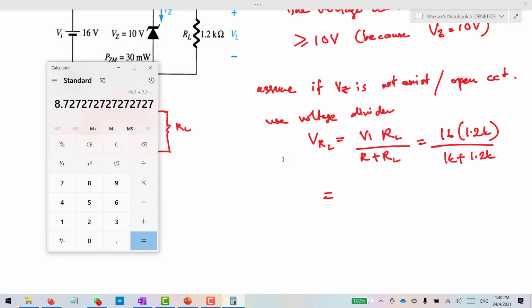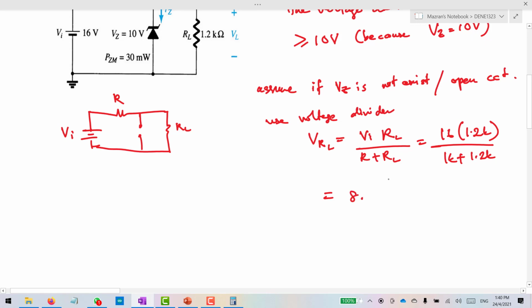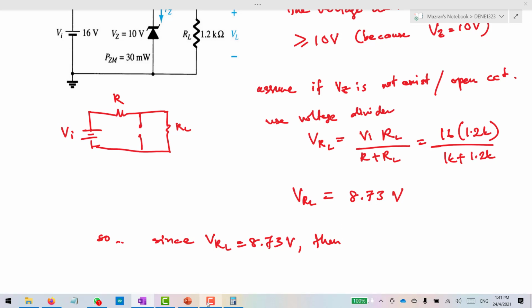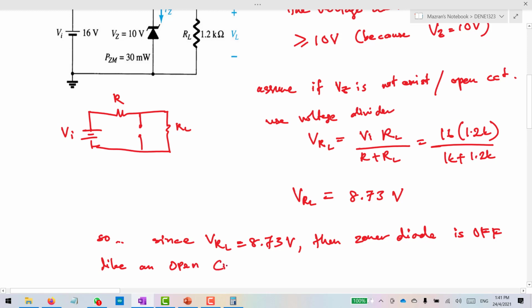So we get VRL as 8.73 volts. Since VRL equals 8.73 volts, the diode is off, like an open circuit.